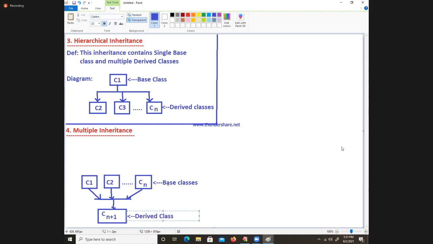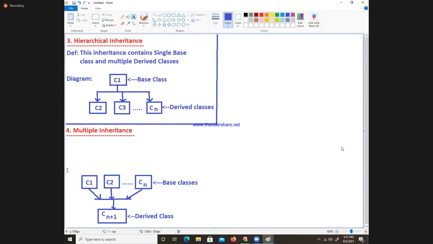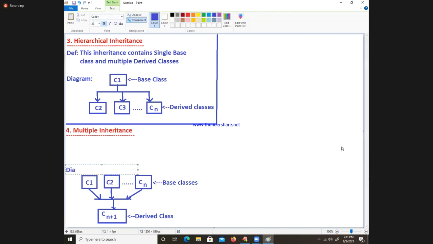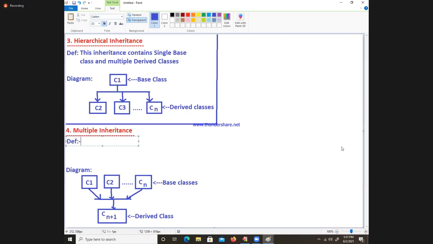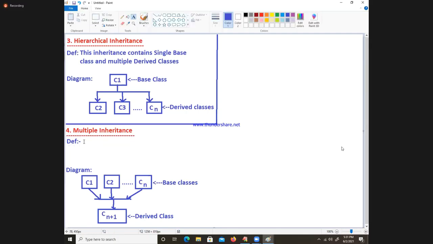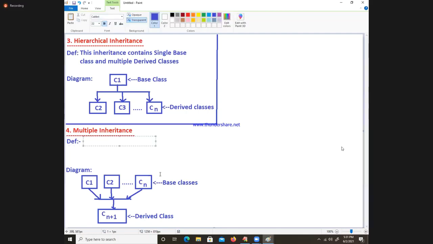And then tell me, this is called a diagrammatic format. So this diagram, I need to go for the definition. What is the definition? Come on, what is the definition? This inheritance contains all these things. I will tell you the beautiful examples. This inheritance contains what?